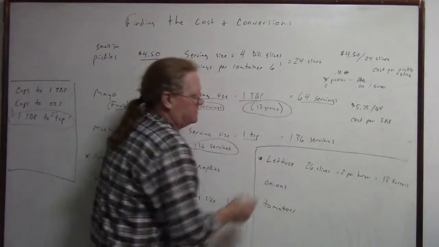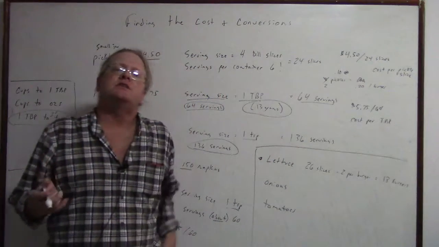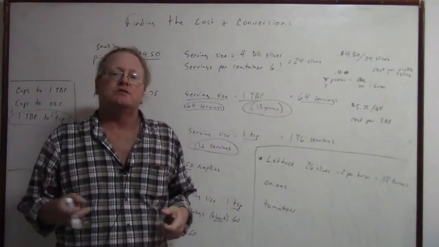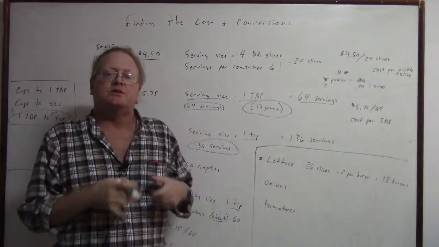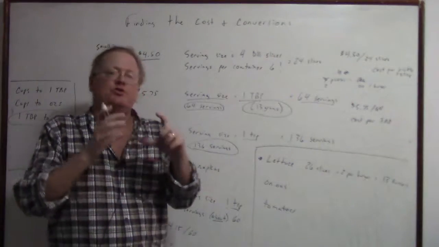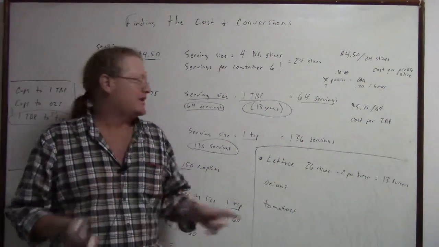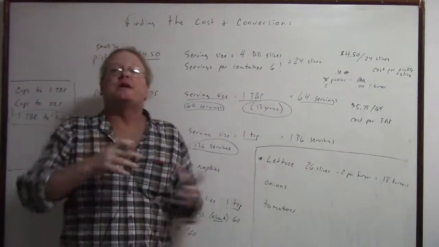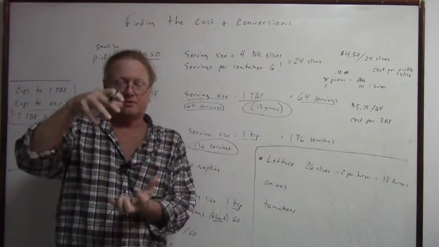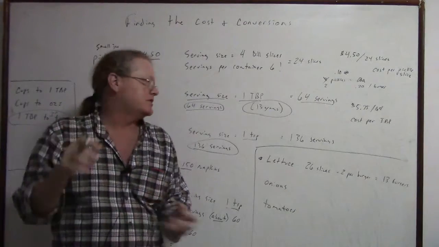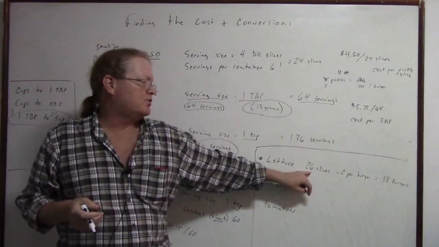Now, lettuce. Last year in this class, I actually went to the grocery, bought some lettuce, and took it to class, and they shredded it into burger size things. And I think they came up with, for that specific lettuce, 26 slices.